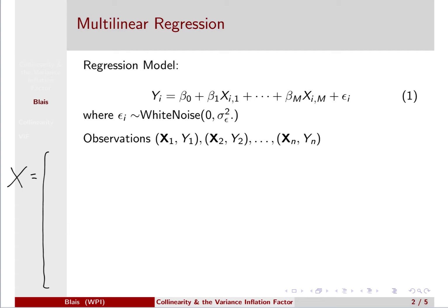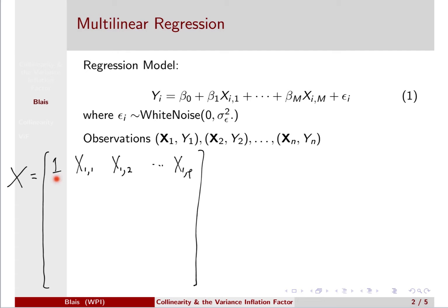So for the first row, we will have the first observations across the P predictors. And we're going to need a constant 1 there, which we will see in a second, to pick up the intercept of the model.